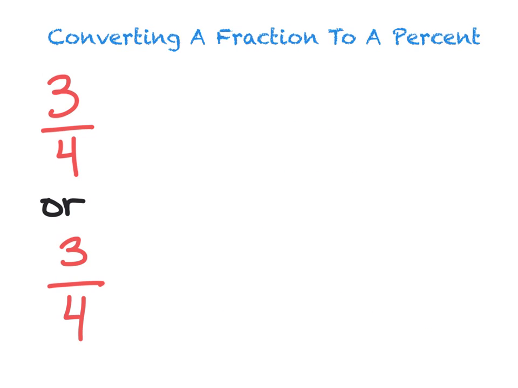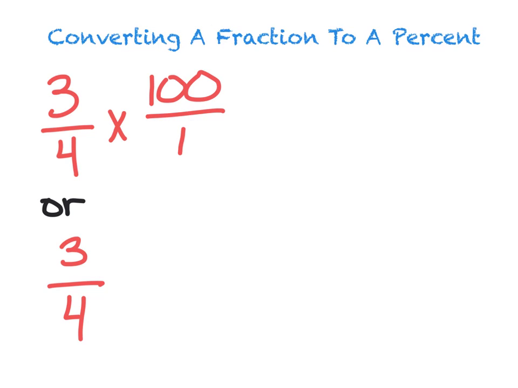Now we are going to get into how to convert a fraction to a percent. I will be giving you 2 strategies on how to do this so you can use it on your worksheets. The first strategy would be multiplying a fraction that you're given, so 3/4, times the reciprocal, which would be 100 over 1.